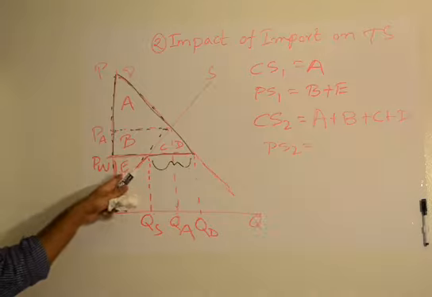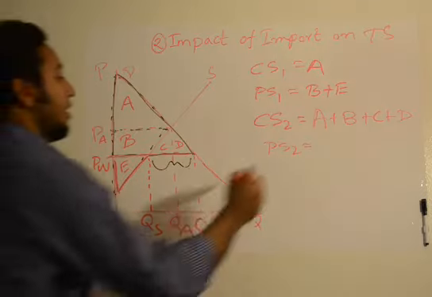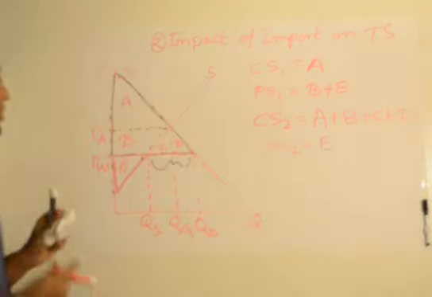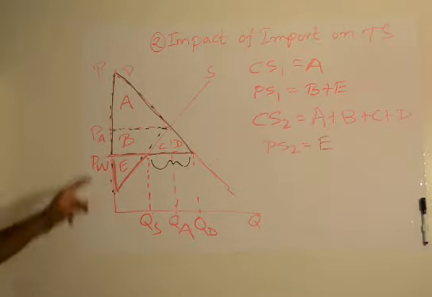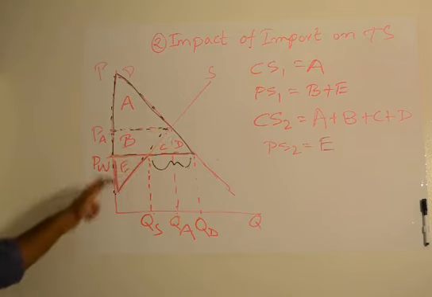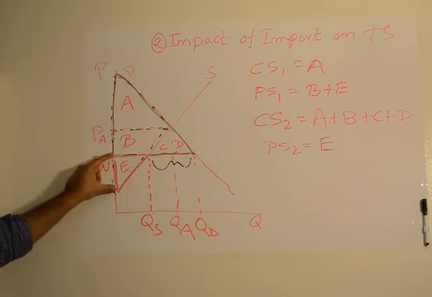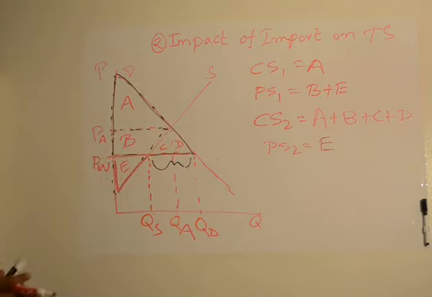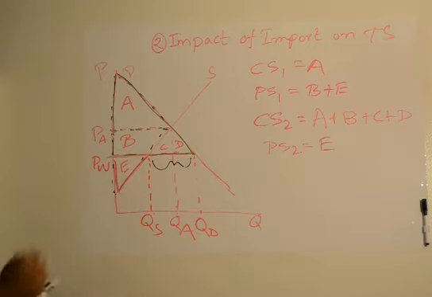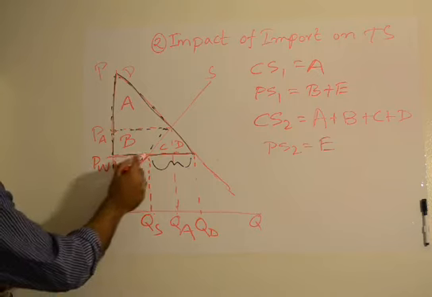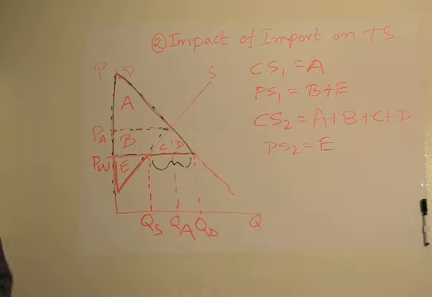So basically this small triangle E. What you see is that the producer surplus after the trade has actually shrunk from this big lower triangle to this small lower triangle E. Before the trade, the producer surplus was this big triangle, but after the trade, the producer surplus becomes this small triangle.